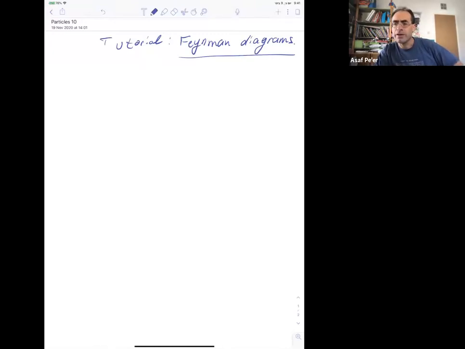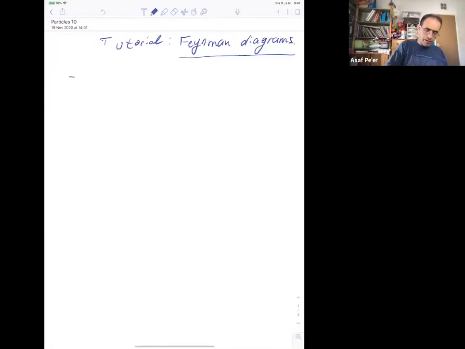So if there is something that is not clear to somebody, this is the time. Okay, so the tutorial is about Feynman diagrams. As we said, Feynman diagrams are really important tools in particle physics, and they help us to visualize and understand the basic processes that occur as part of the standard model.